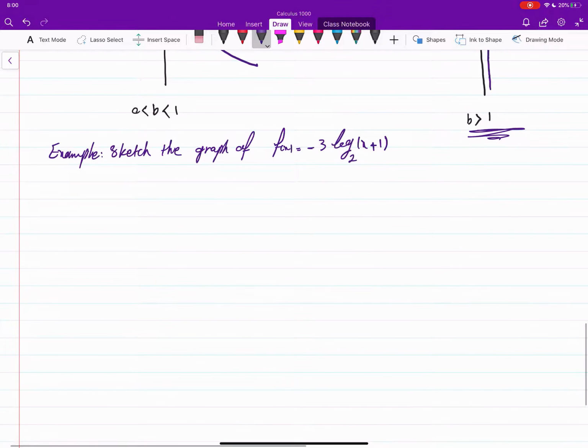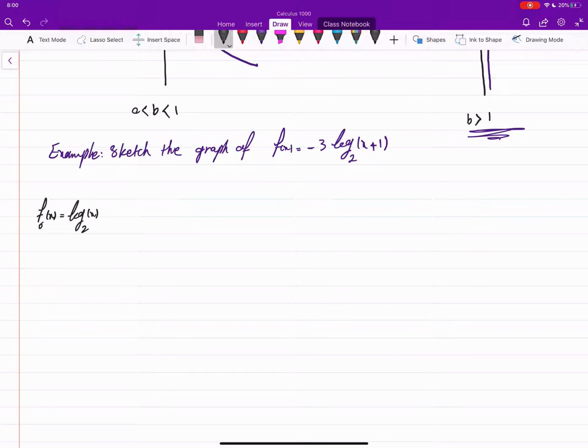So let me start with this. We have first 2 to the power x. Then we go to the other one, log. This is log of base 2. Let me call this f0 of x. So we start from this.